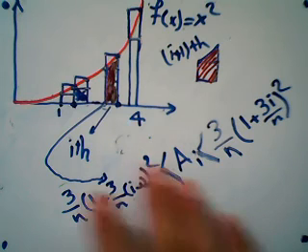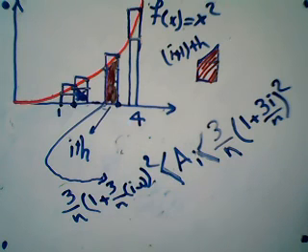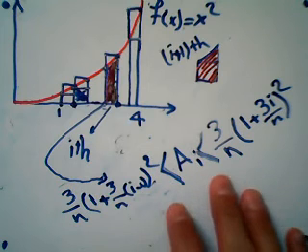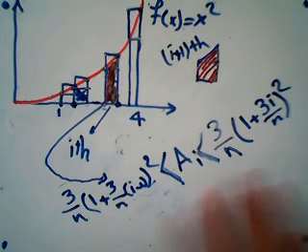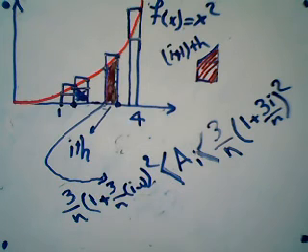Now, since we got n subintervals, we got n of such inequalities. Okay? One inequality for each subinterval.